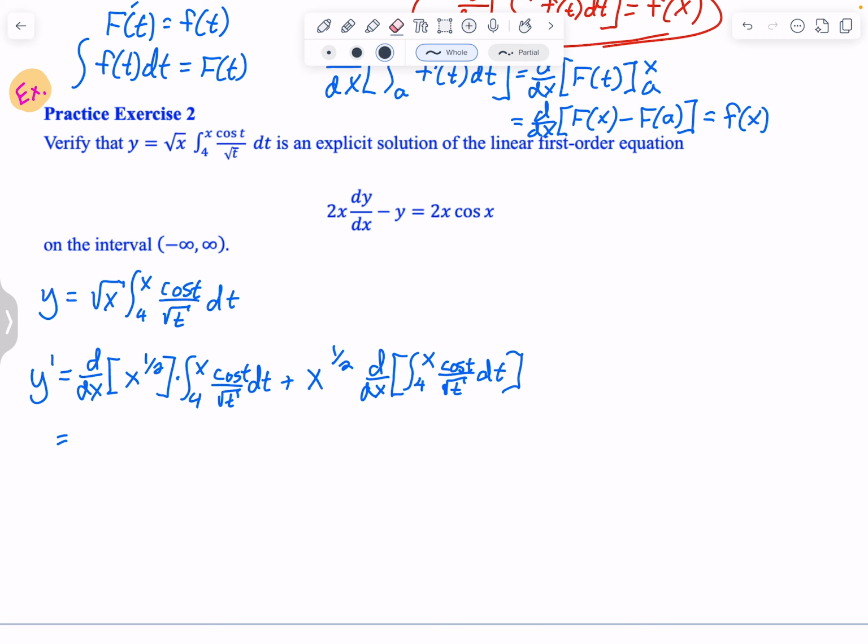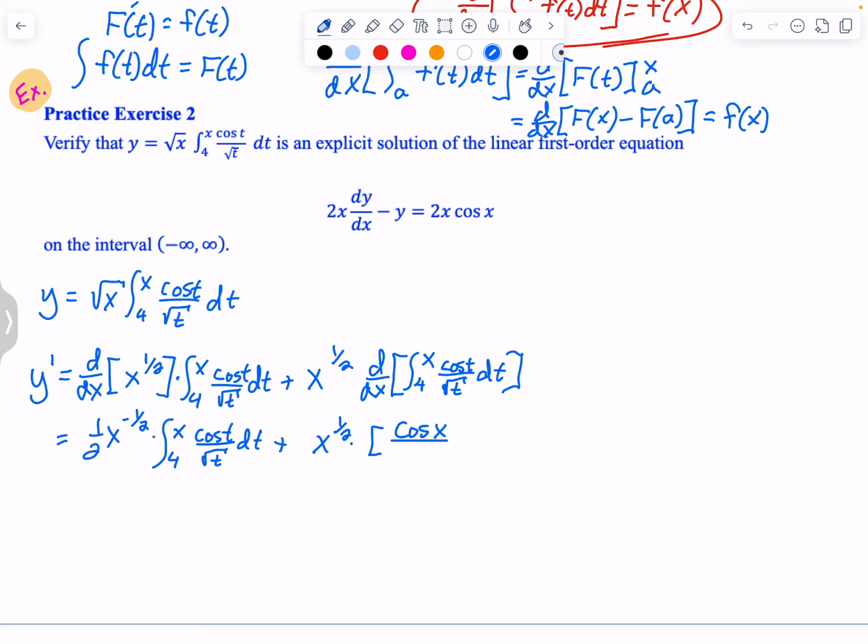Okay, the derivative of x to the 1/2 is 1/2 x to the negative 1/2, right? Bring it down, go down by 1, times that integral, plus x to the 1/2 times, and then remember this is nice and easy. It doesn't matter what that 4 is, if it was a 0 or 10 or 27, it's going to go away with that derivative, and it's just going to leave me this function with cosine of x on top, and then on the bottom it's just going to be square root of x, and that works out really nice because this cancels with that.